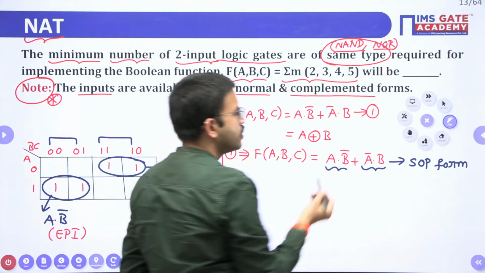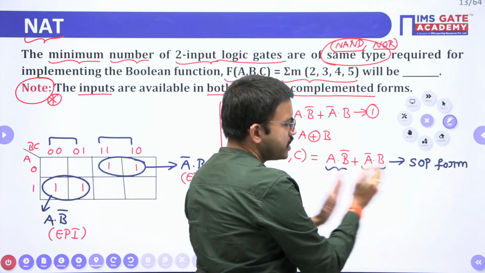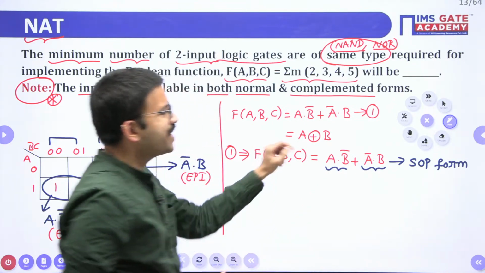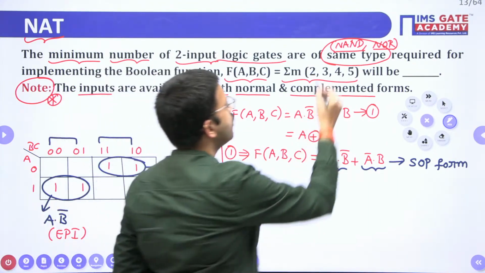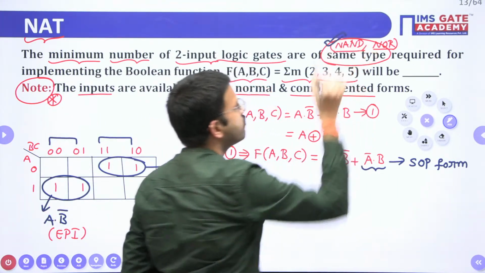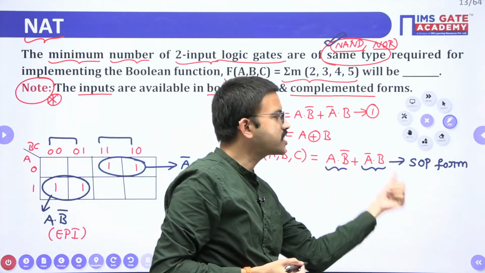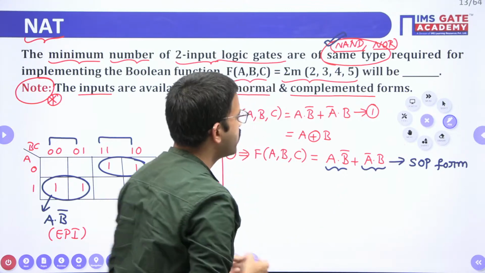Whenever you have SOP form, it is easy to implement with NAND gates. We can implement any Boolean function with NAND gates if it is represented in SOP form. Let us see how.